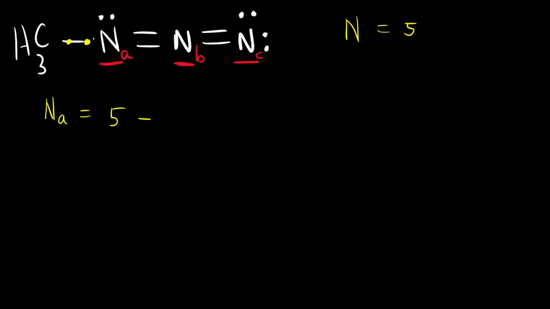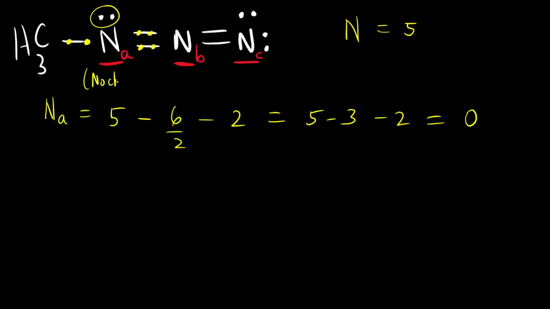How many bonds are present? 1, 2, 3 bonds. So how many electrons are present? Bonding electrons 2 plus 2 plus 2, that is 6. Divide by 2 minus how many lone pairs are present? 2 lone pair electrons. So 5 minus 3 minus 2. 5 minus 3 is 2. 2 minus 2 is 0. So for Na, there is no charge.